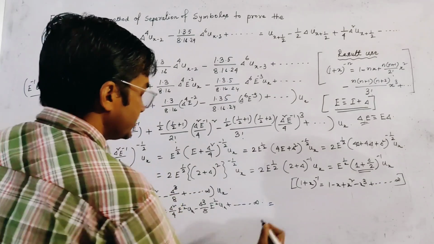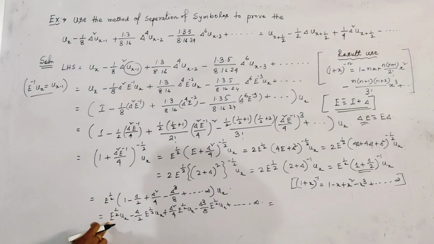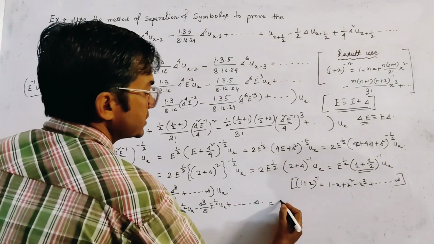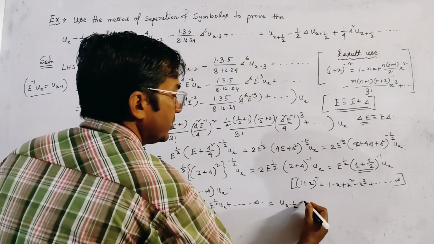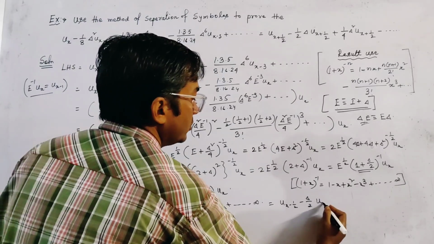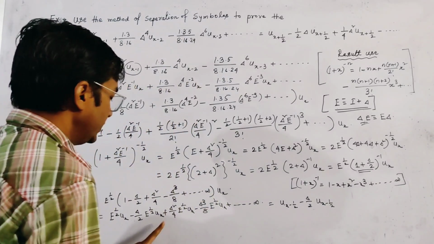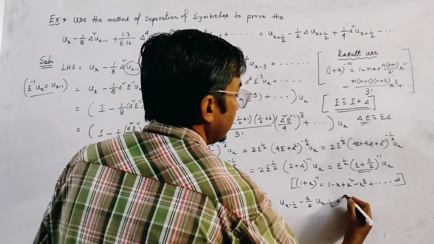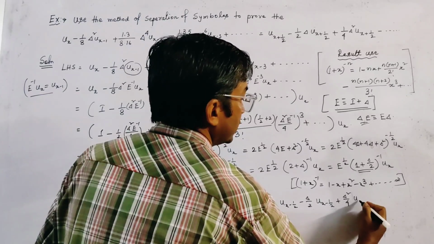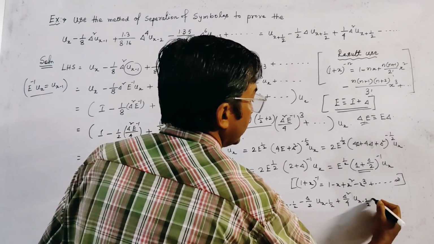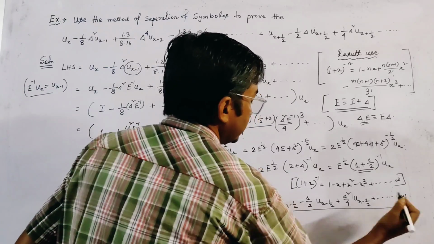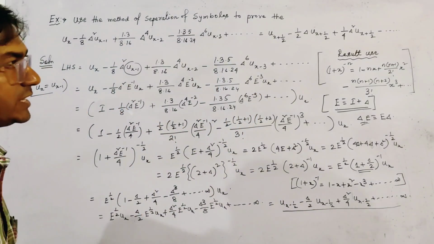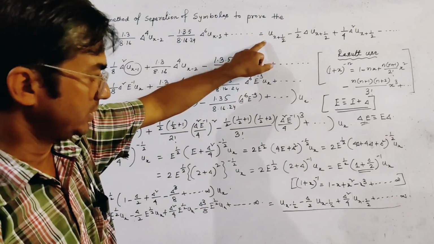And this result gives, because E is the shift operator, E to the power 1/2 u_x is given by u_{x+1/2}.